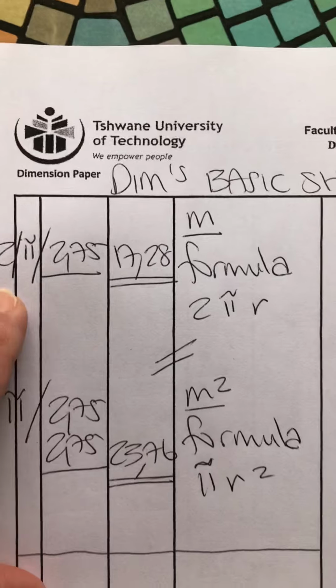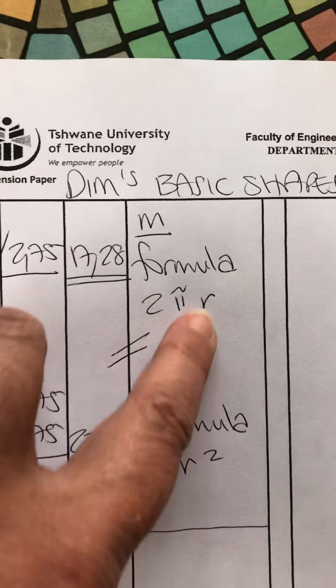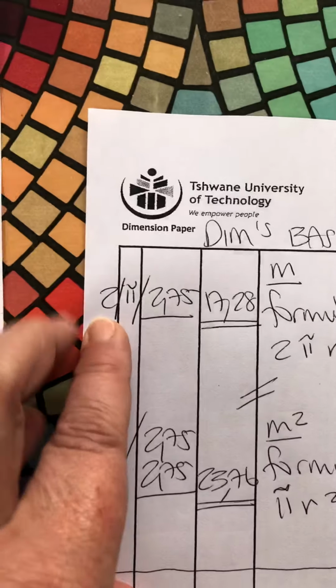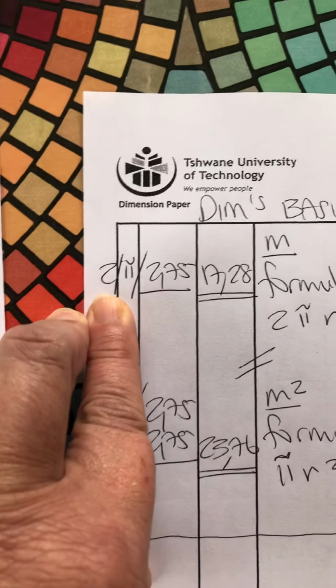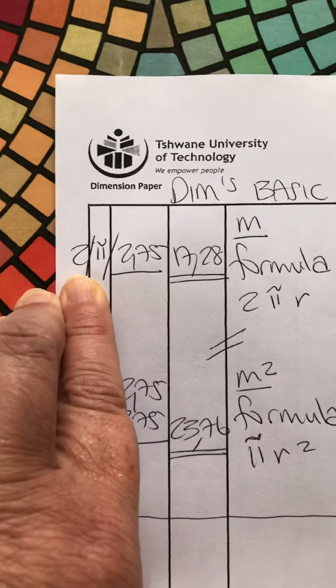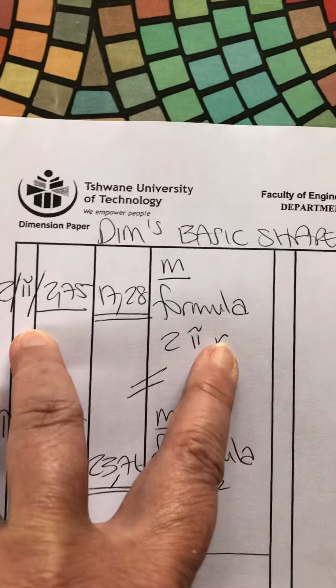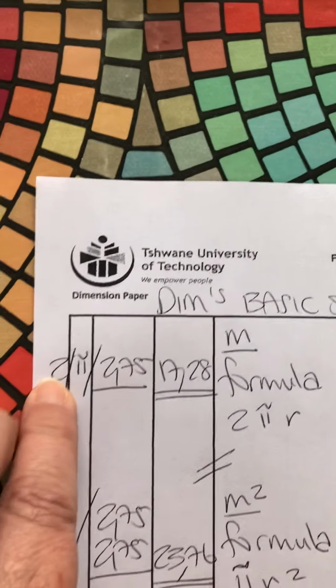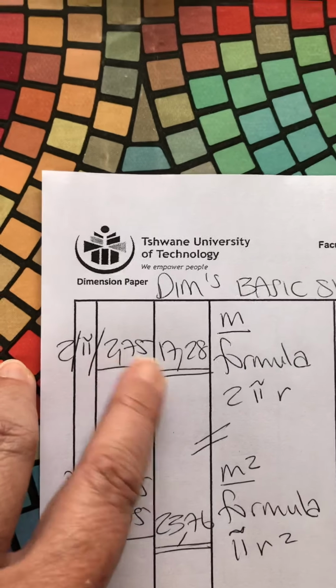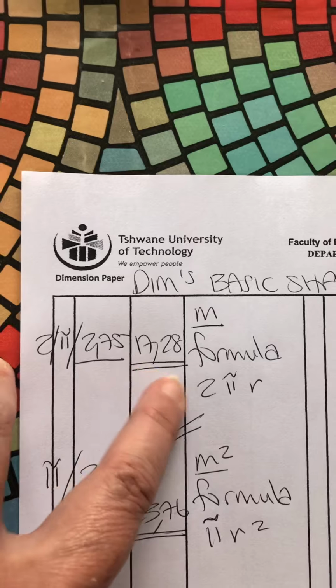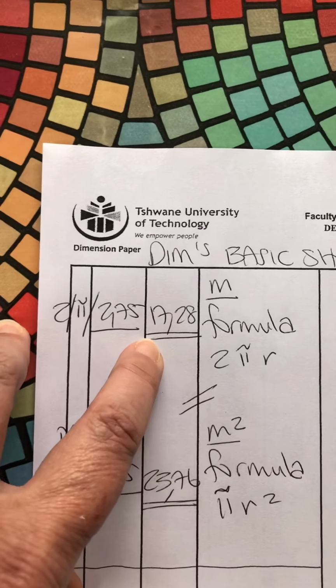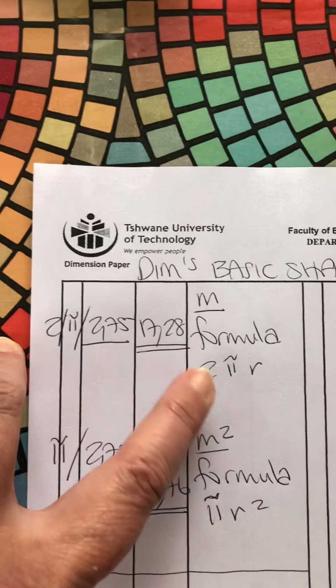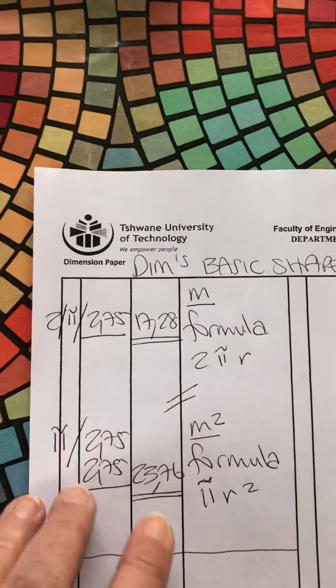Again, the 2 and the pi are part of my formula, so I'm going to put them in my dimension, in my timesing column. My r is my meter length, which was the 2750. So I will have 2 times pi times 2.75 equals, and if I work that on my calculator, I'll get a 17.28 final measurement. Finish off my length measurement.